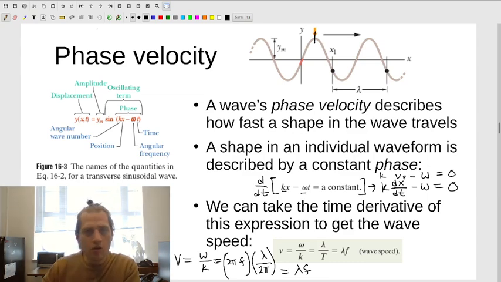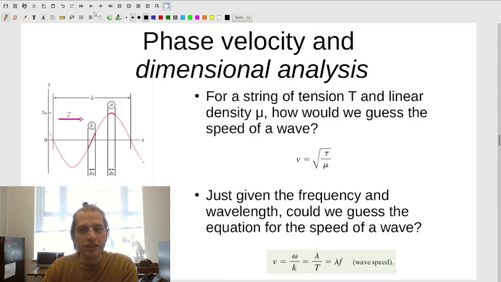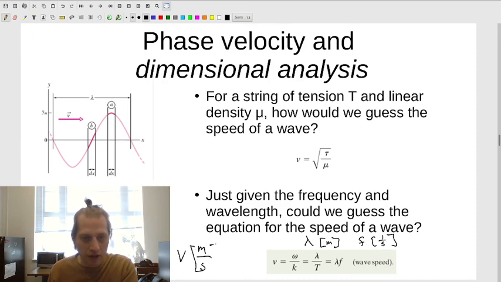Okay, so just as an interesting side note, if you have that wavelength and frequency, you know that you need v to be in units of meters per second, and wavelength has units of meters, frequency has units of 1 over seconds. So it's pretty plausible that if you take wavelength times frequency, you're going to get something that has units of meters per second.